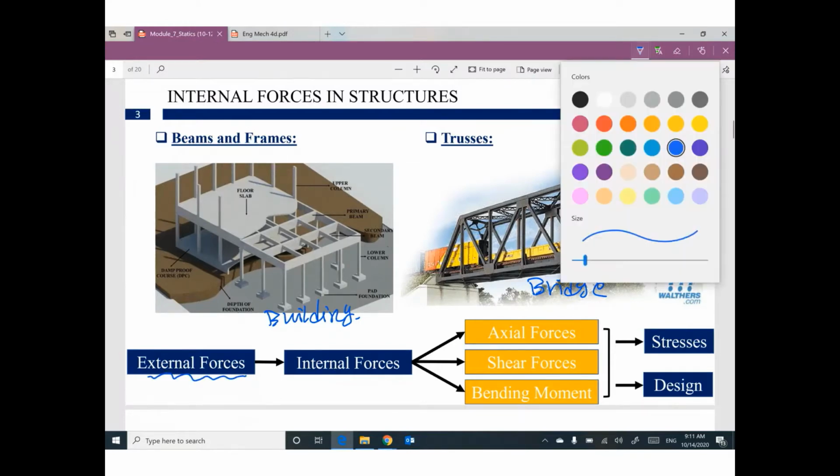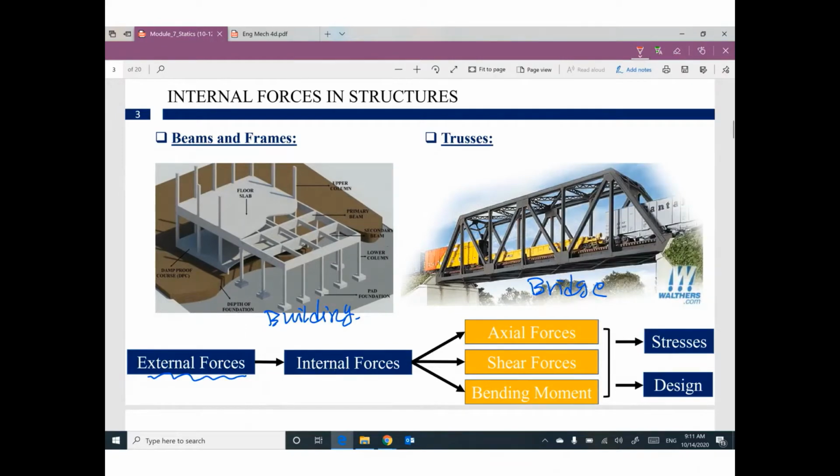You are right now in your apartment or in your building, you are an external force. Your computer is an external force. The furniture around you are external forces. All people around you right now are external forces. This train passing the bridge is an external force. All of these things called external forces can move in or out of the building.